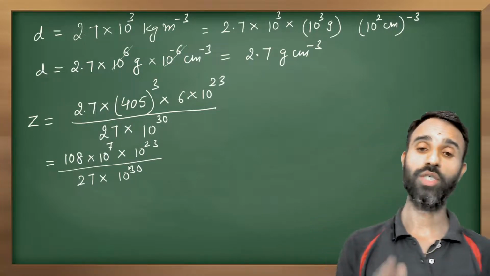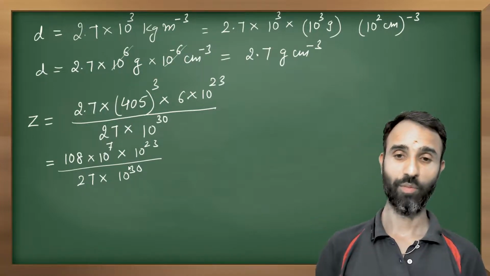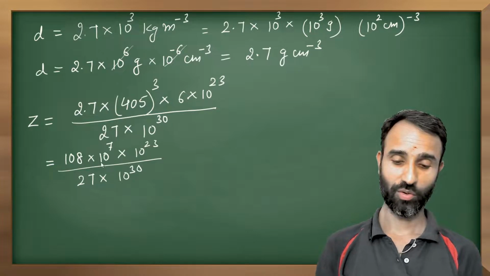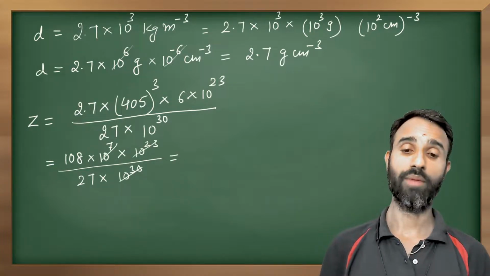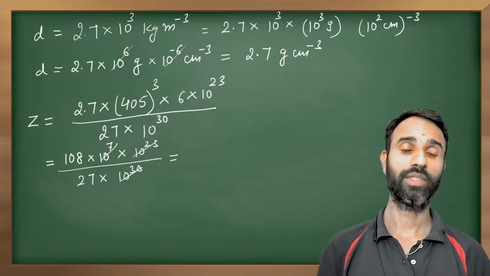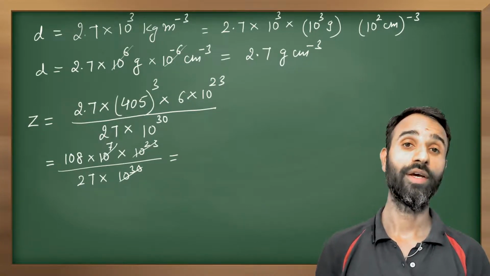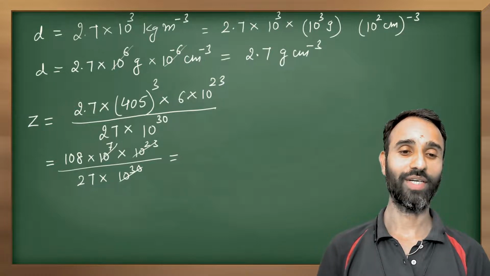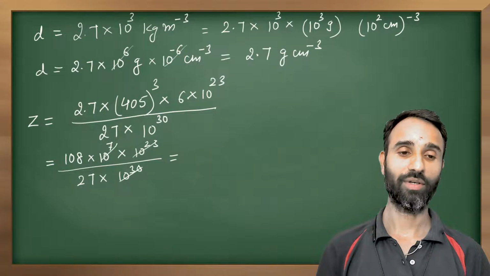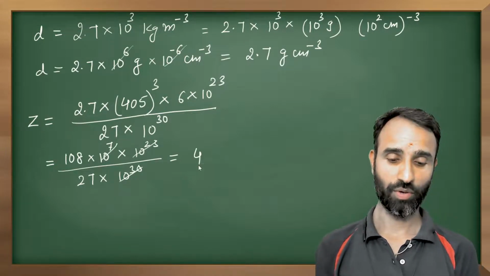So 7 plus 23, obviously 30, so they are cancelled, and 108 divided by 27 comes out to be 4.